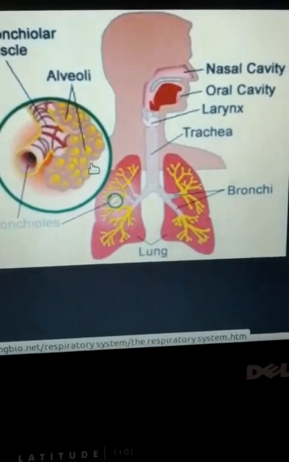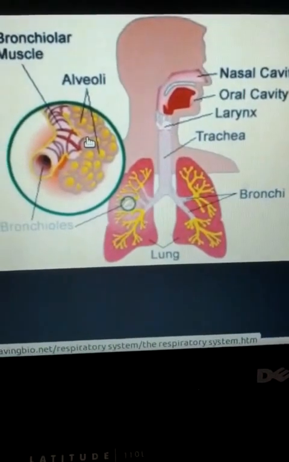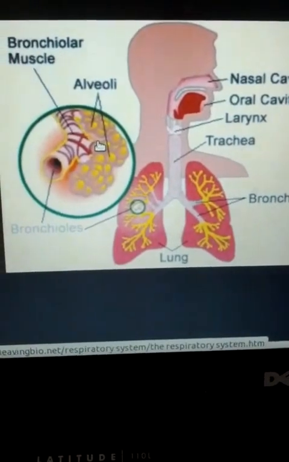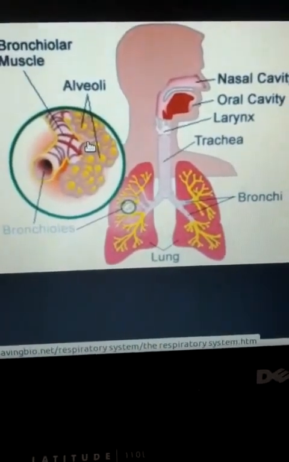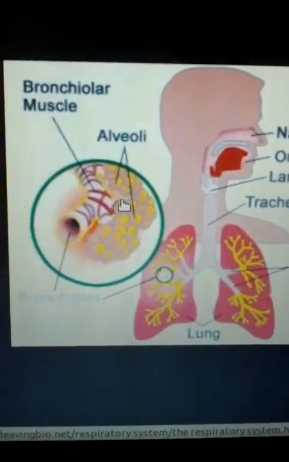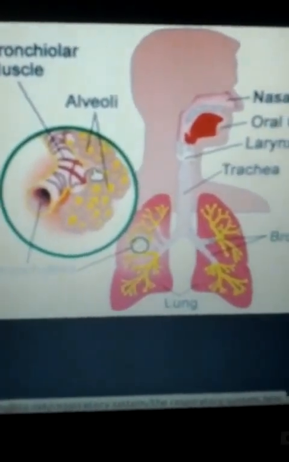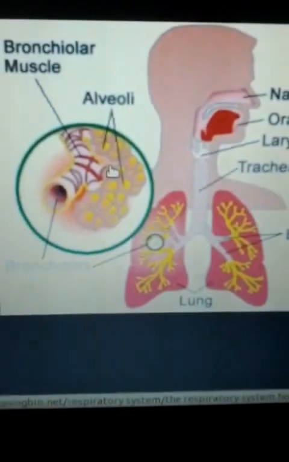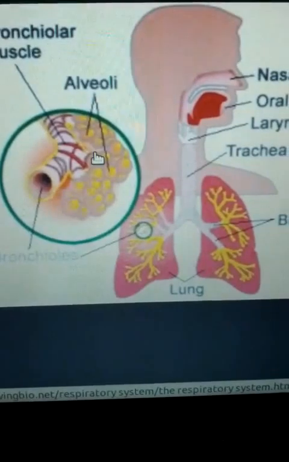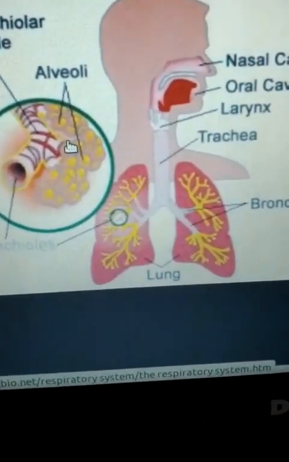When the air reaches inside the alveoli, the capillaries and the membrane inside the alveoli absorb the oxygen from the air, and the moisture which is not necessary in the blood, and a small part of toxins like carbon dioxide, etc., are thrown into the alveoli from the capillaries.